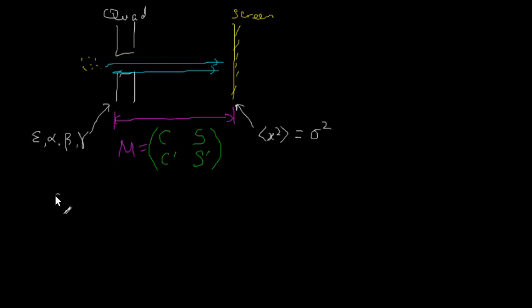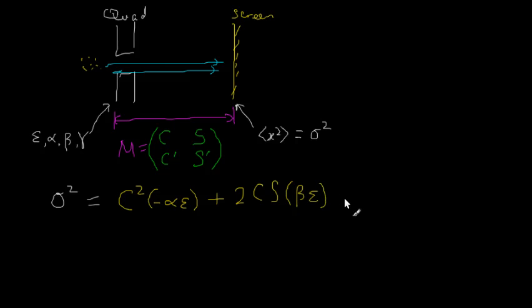So here goes: sigma squared of the beam at the screen is equal to C squared times minus alpha epsilon, alpha times emittance, plus 2CS times beta epsilon plus S squared times gamma epsilon.